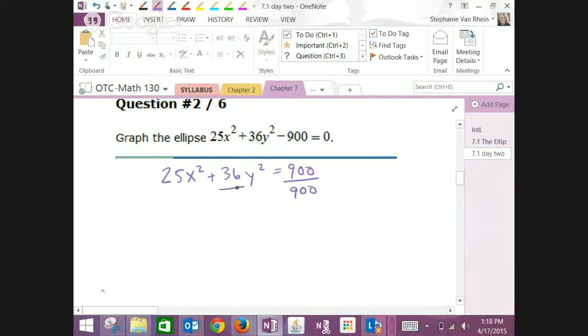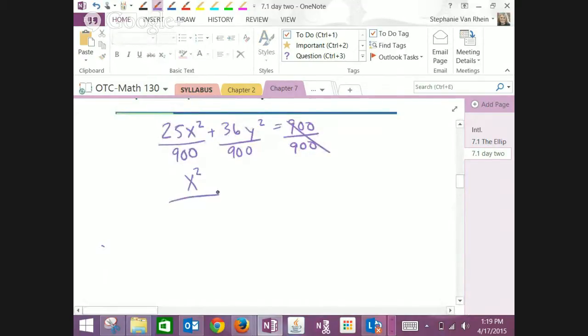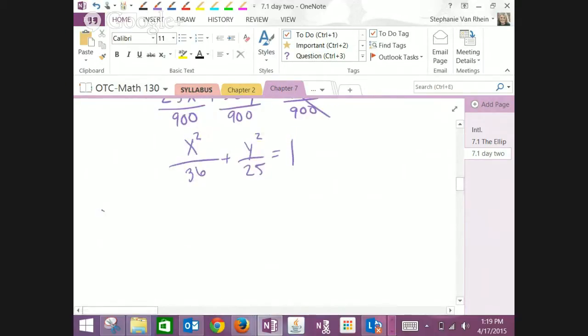Divide both sides by 900. What do I get? 25 over 900, how many times will 25 go into 900? 36? What about 36 divided by 900? 25. So this tells me a is 6 and b is 5.